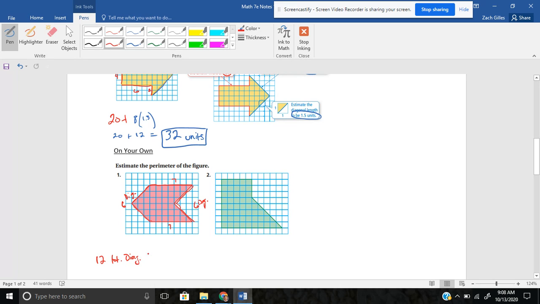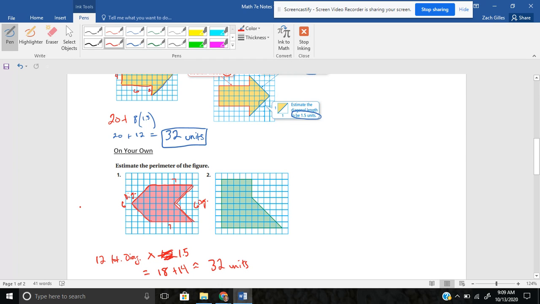Remember, each one of those is 1.5, so I need to multiply that by 1.5, and then I need to add to that my top and bottom. So 12 times that 1.5 should give you, oops, I put 1.2, I meant 1.5, should equal 18 for these diagonal lengths, plus 7 and 7 is 14. So 18 plus 14 should give you about, that's what that squiggly equal means, about 32 units.